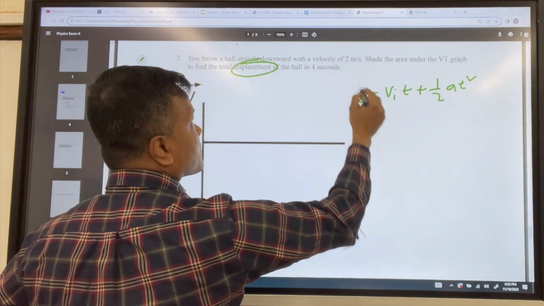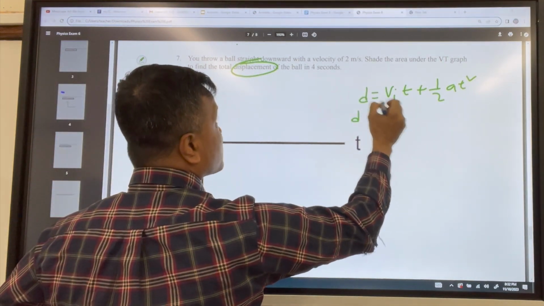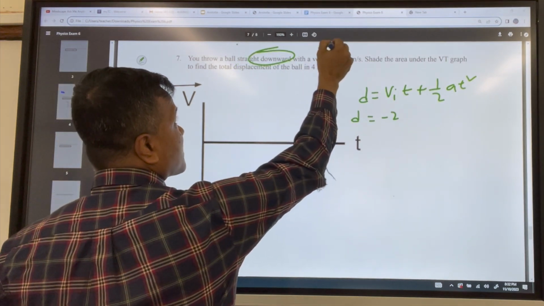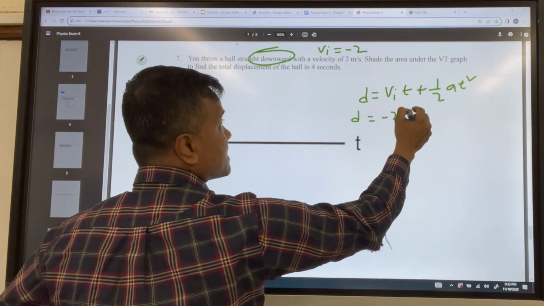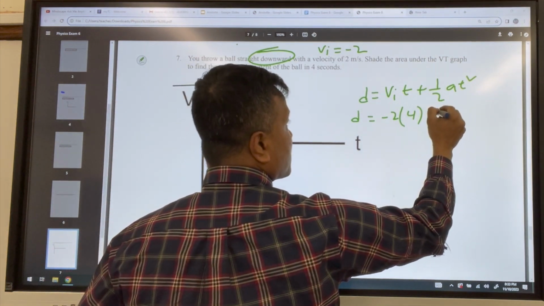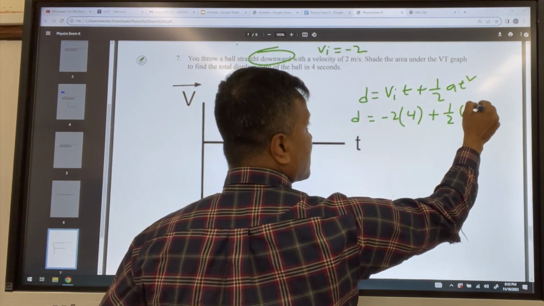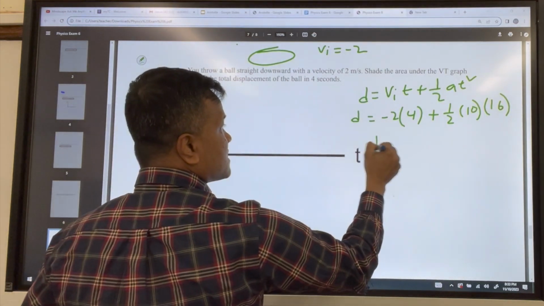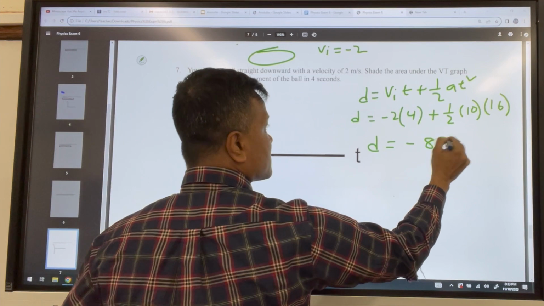The initial velocity is negative 2. Do not forget that I wrote downward, and downward means initial velocity is negative 2. t is 4, plus half times negative 10 times 4 squared, which is 16, right? So d is equal to negative 88 meters.